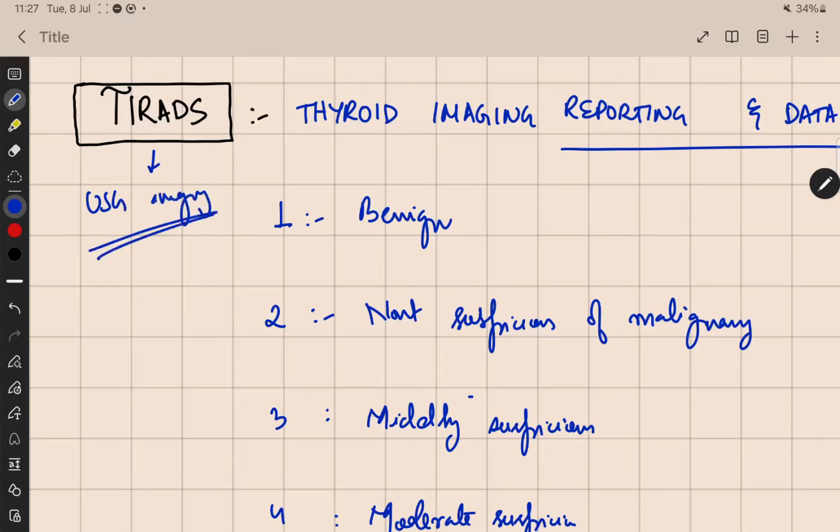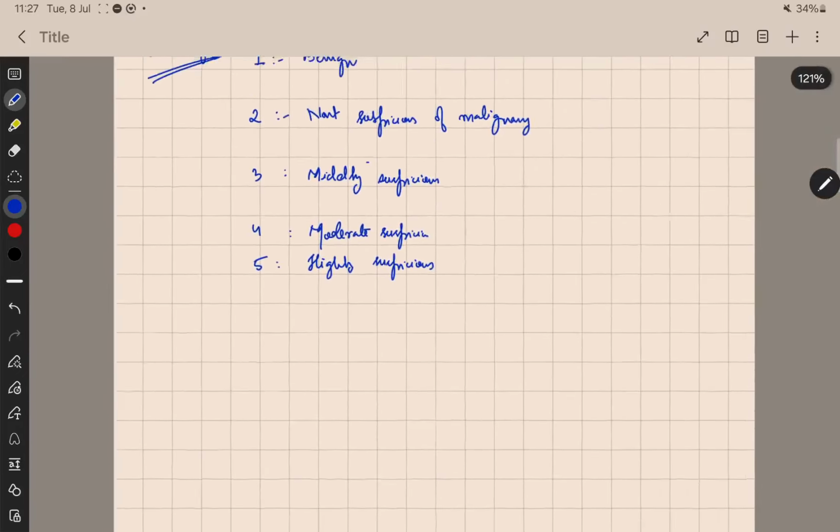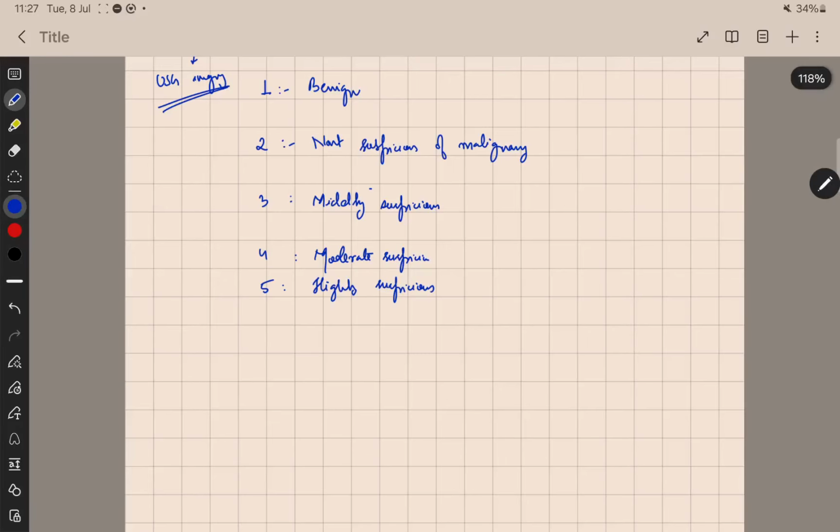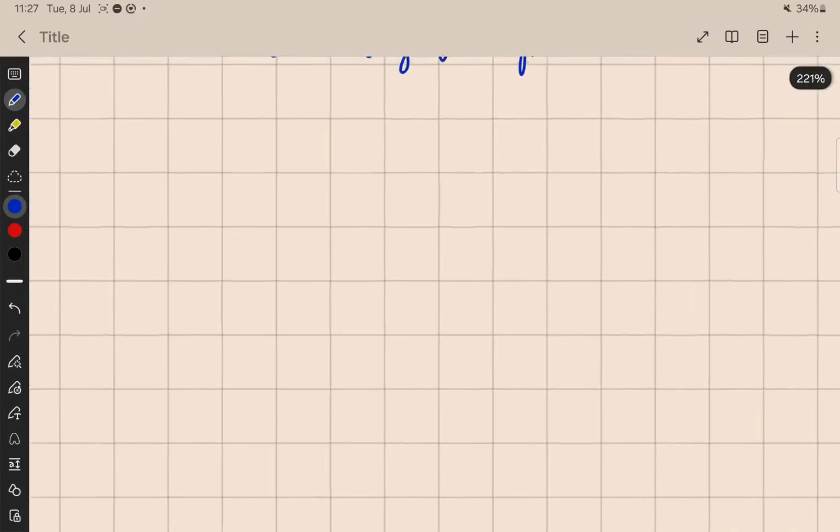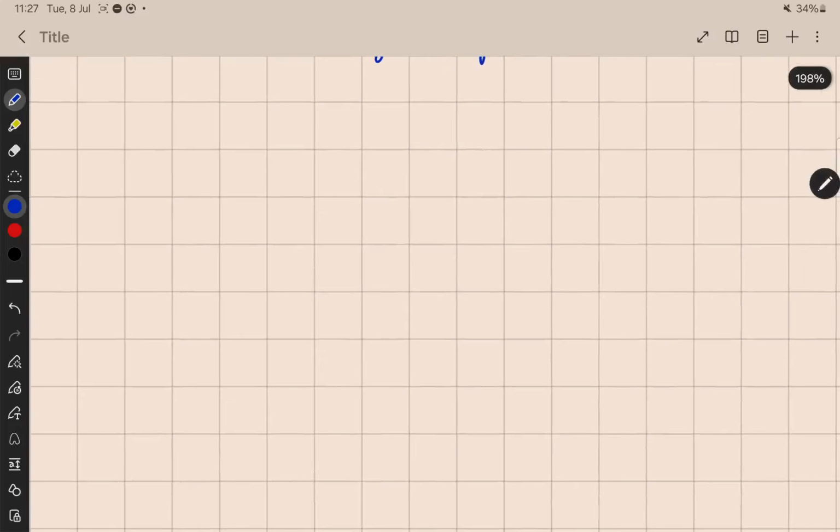So now we have to divide it, what are the features that can tell us that it is either a benign or a malignant nodule. So there might be some difference that can be told via the ultrasound scan that it is benign or malignant.